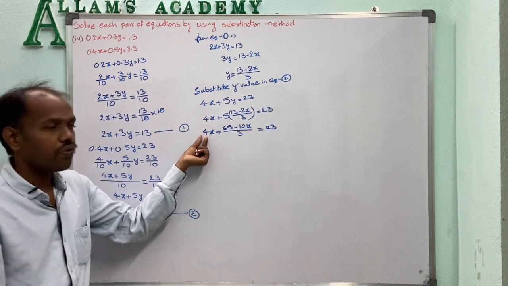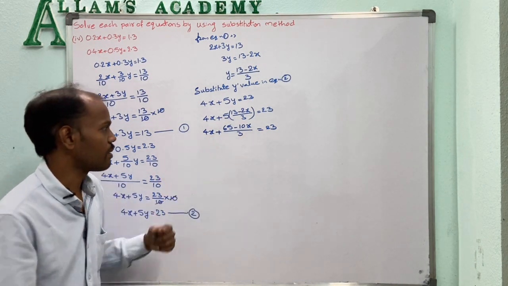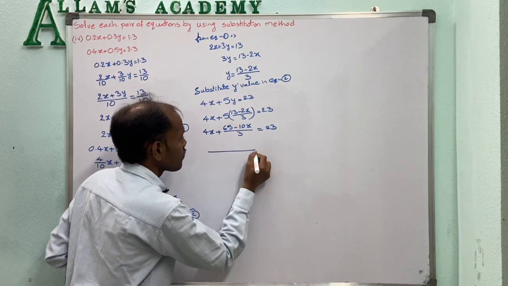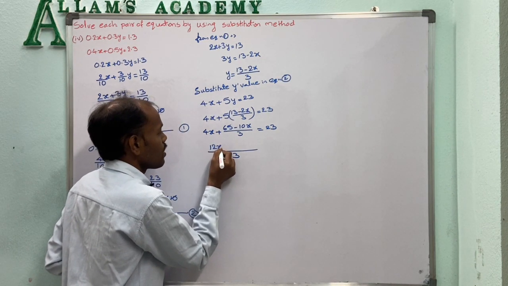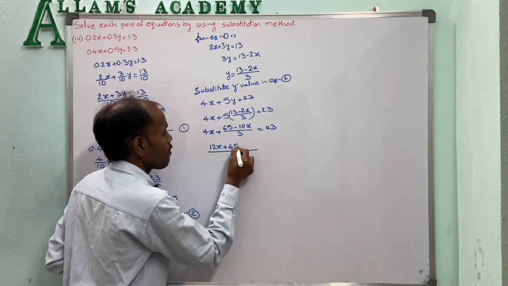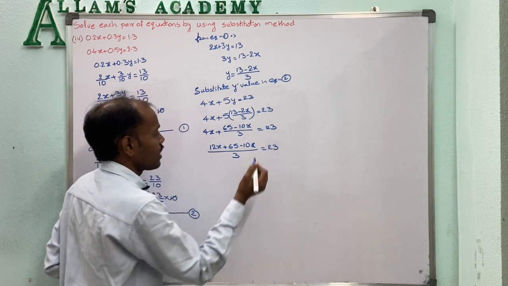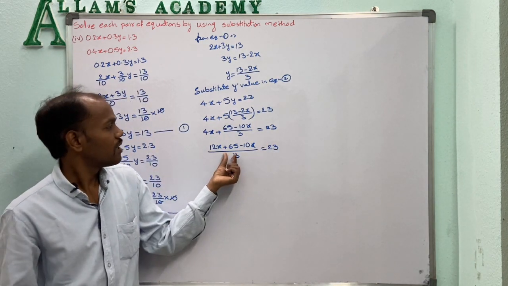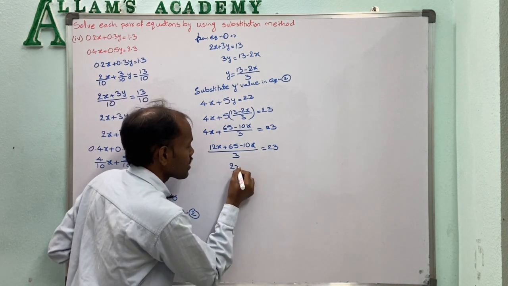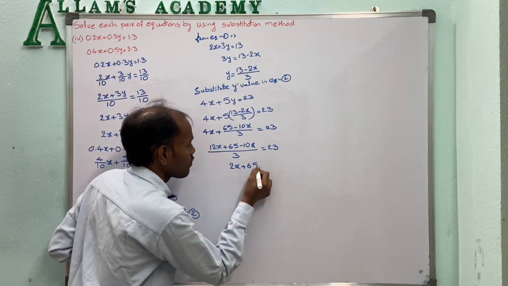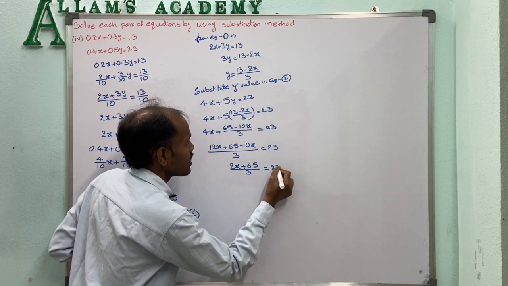Now here 4's denominator is nothing but 3. Now 1 and 3 LCM is 3 only. Now 3 4s are 12x plus 65 minus 10x equal to 23. Okay, now this 12x minus 10x equal to 2x. So 2x plus 65 by 3 equal to 23.